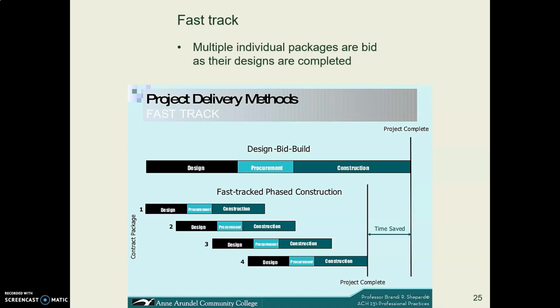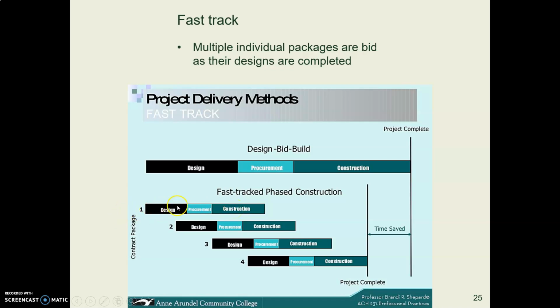Part of project delivery involves scheduling, and in scheduling, normally you go from one step, you finish out that step, then you move on to the next step. In a process called fast track, the designer has not completed all of the design before the bidding and construction begins.